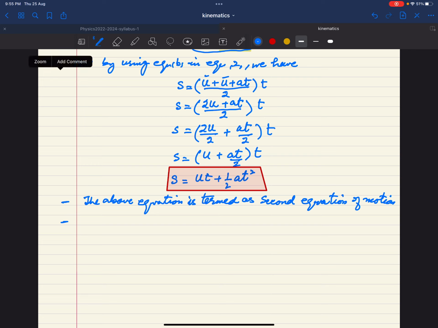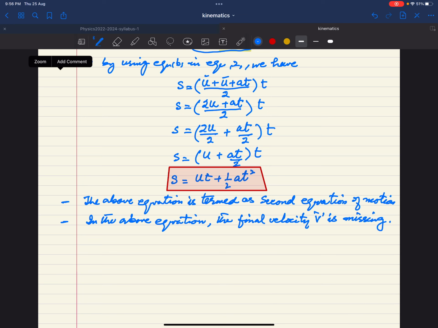Here another point is that in the above equation, in the second equation of motion, the final velocity v is missing.